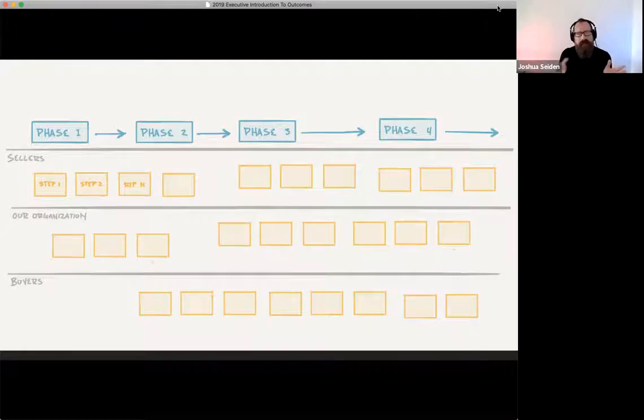And what is Taproot doing? That's the middle stripe, our organization. In the course of making this match and conducting this 3, 6, 9-month consulting engagement, what are people doing? And so we mapped all of the things that people do from start to finish in the system. Each one of those Post-it notes was a behavior, right? A thing that people were doing.